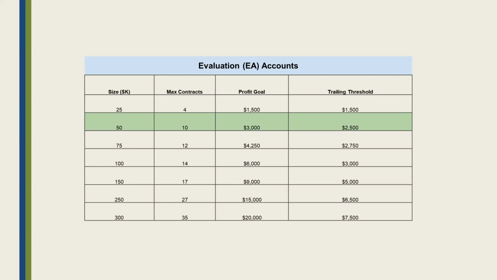One more thing you need to remember is there are two types of accounts in this performance, right? One where you have a trailing threshold. That means, for example, you took some NQ or ES or gold or crude oil. It went up to $2,000, but you did not take the profit. Even though you did not take the profit, they will calculate that as a missed opportunity.